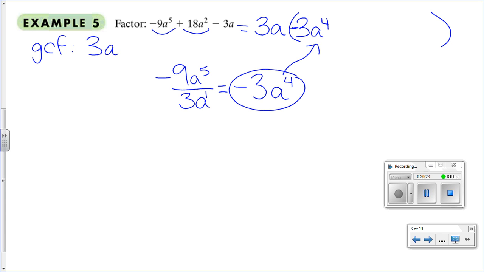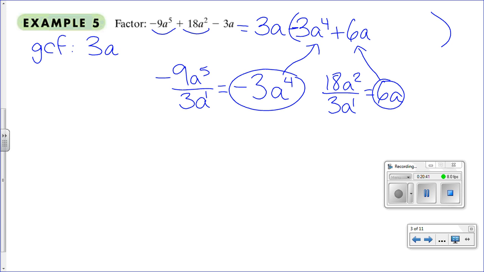The next term to factor is 18a squared, and we're going to factor out 3a. So what is 18 divided by 3? 6. And a squared divided by a? A. Okay, so that will go here. And the last one, we have negative 3a divided by 3a. So that will be equal to what? Negative 1, and that's it.